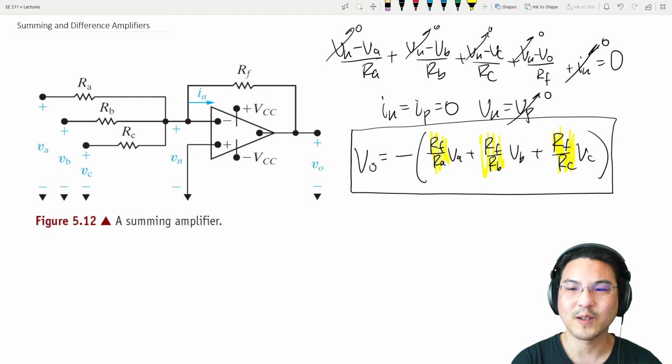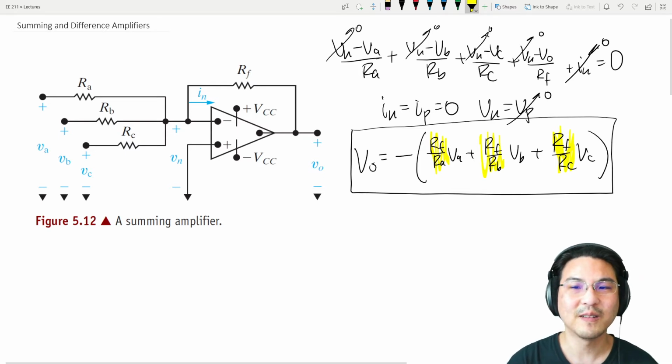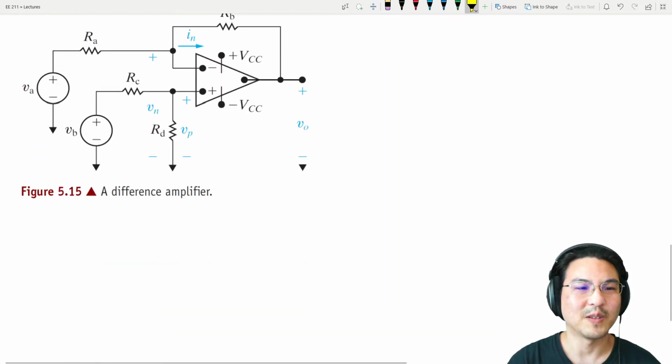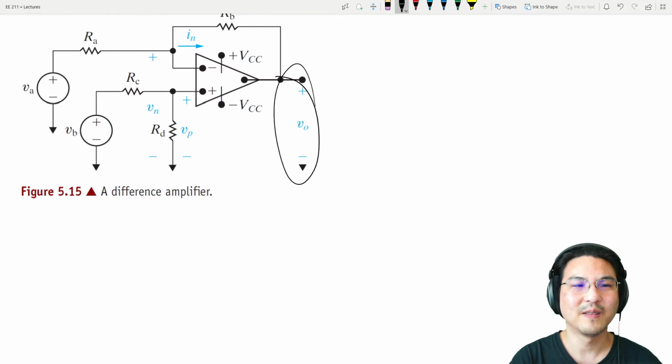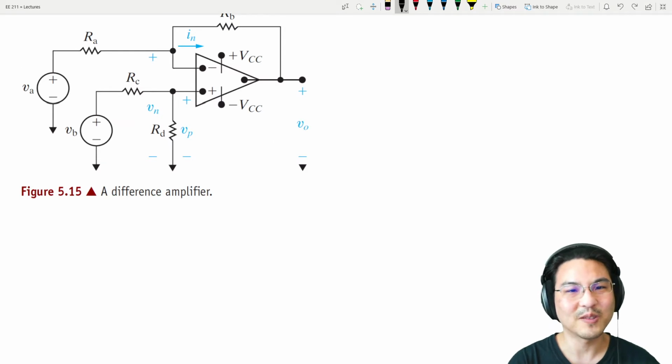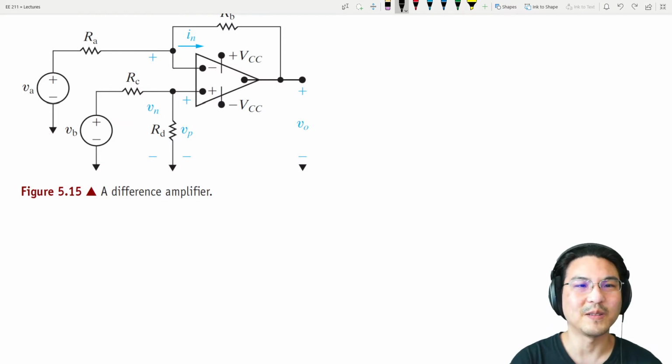Okay, let's check out a different application. This one is called a difference amplifier. And our intention here is to have an output that's scaled based on the difference between these two inputs. All right, so let's do KCL at this essential node. Let's find the current this way.